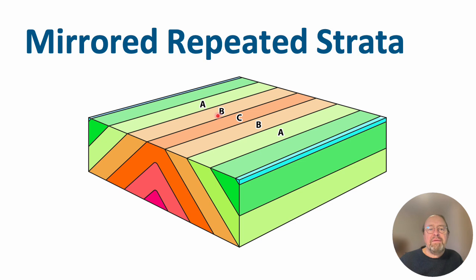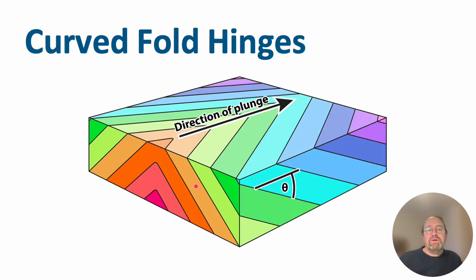If you see that A, B, C, B, A, repeating away from a central axis, it suggests a fold. In this fold, you can see the hinge, the axis of the fold. The hinge is horizontal. It's not plunging at all. The plunge is 0.